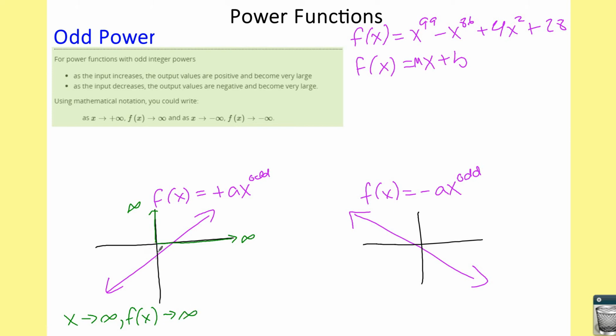But if we look at x decreasing towards negative infinity, we're going to look at our y also decreasing. So here we write: as x is going towards negative infinity, then y is going towards negative infinity.